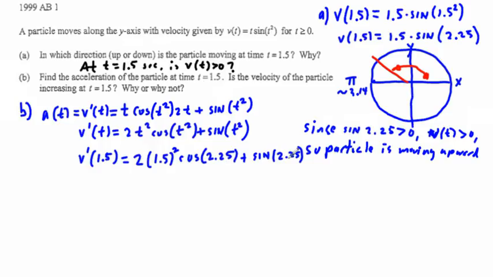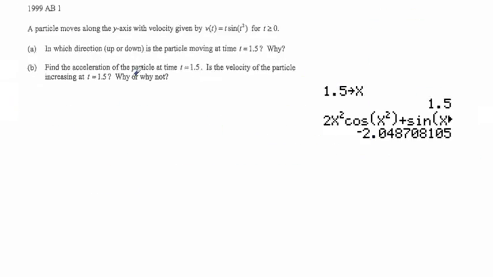And so really, I can't do this without a calculator, but with a calculator, I'm going to go to the calculator page here, and after having differentiated and worked this out, I get, to 3 decimal places, negative 2.049.